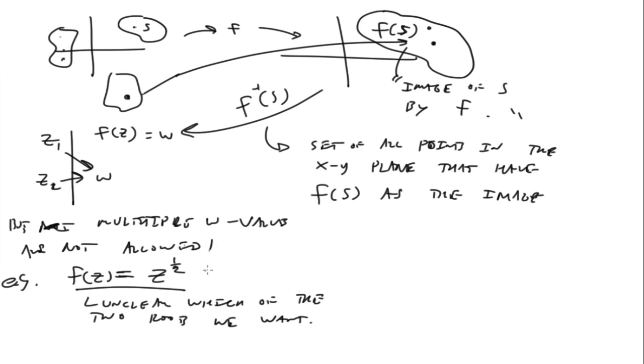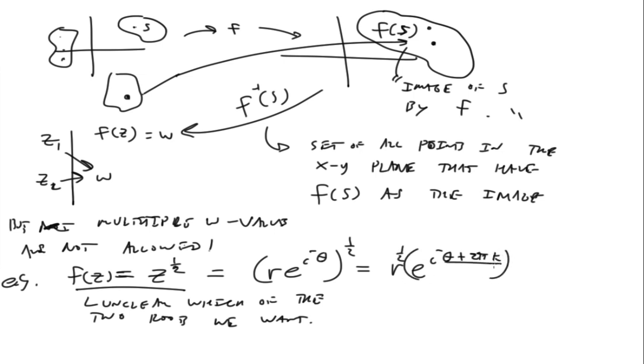So, for instance, we can write z in polar form as r e to the i theta, all to the 1/2. We know that we can also write this as r e to the i theta plus 2 pi k, for every value of k, and then to the 1/2, and that's going to be theta plus 2 pi k all over 2.